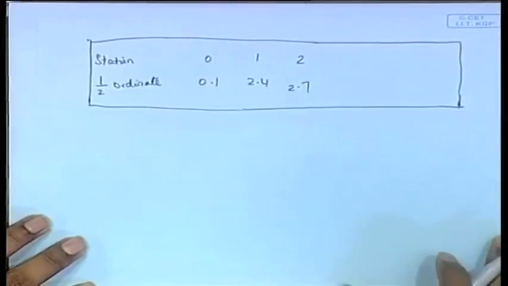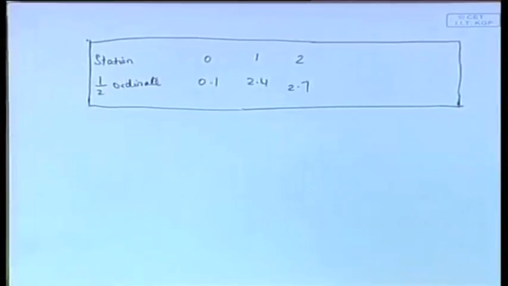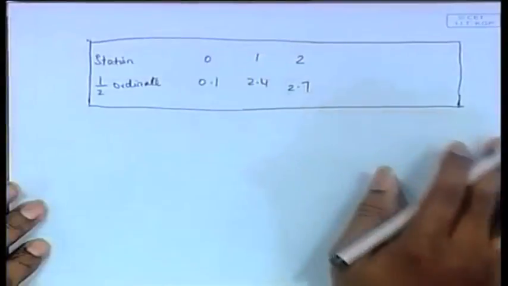You know what this means, right? If you are given a table with stations and half ordinates, I have already explained that these are the stations and these are the half ordinates at each point. So, you are given the half ordinates at different stations.